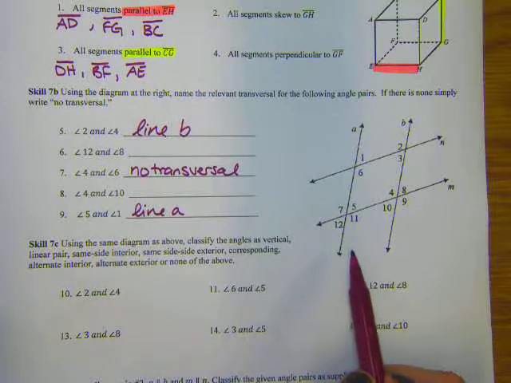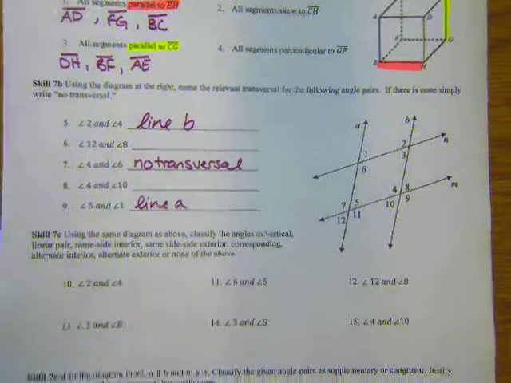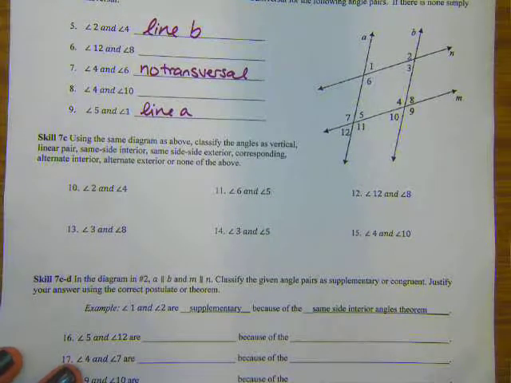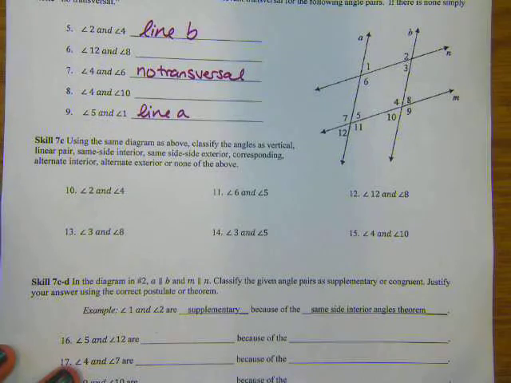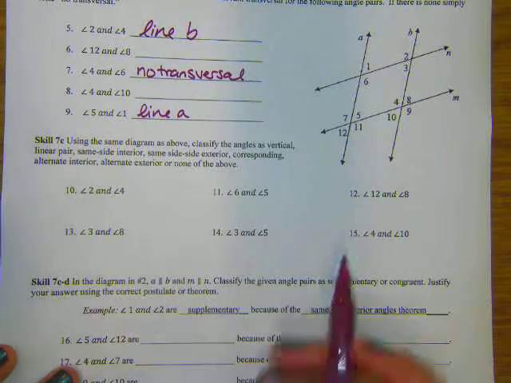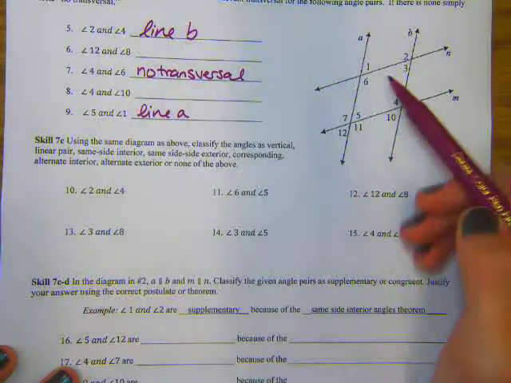Using this same diagram here, I want to classify these angles below as either vertical, linear pair, same side interior, same side exterior, corresponding, alternate interior, alternate exterior, or none of the above. So number 11, 6 and 5.